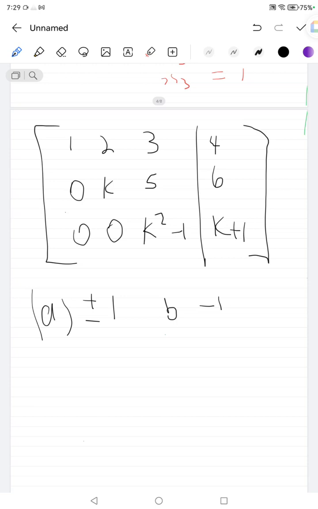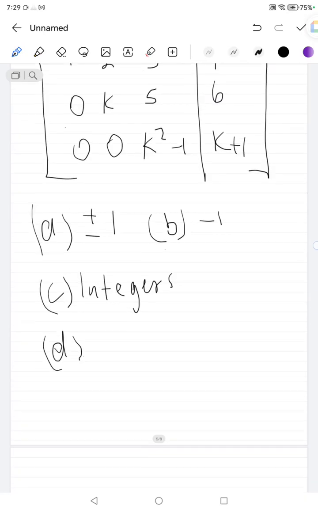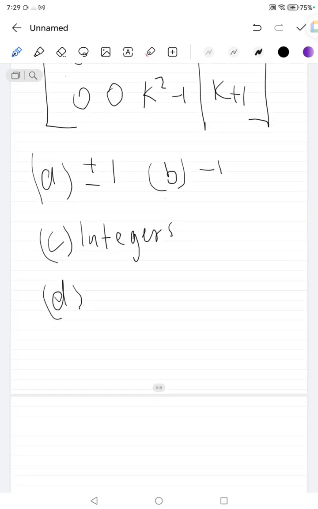What are they saying? Okay, your C they just said integers, then your D they said if it's 1.